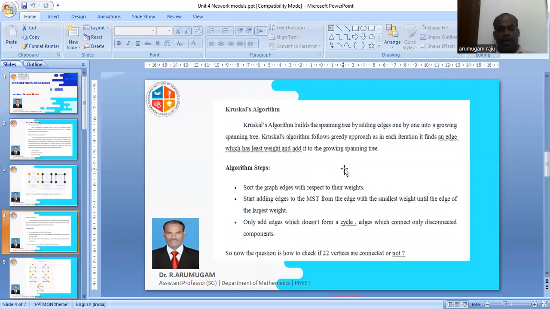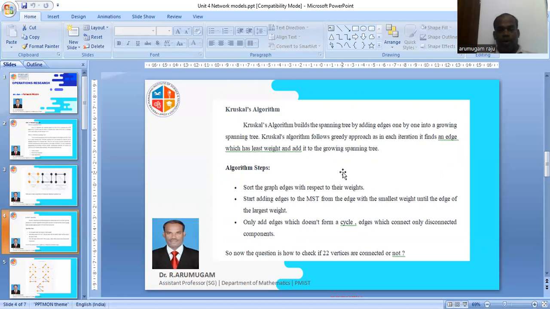So the next concept is Kruskal's algorithm. Kruskal's algorithm builds the spanning tree by adding edges one by one into a growing spanning tree. Kruskal's algorithm follows a greedy approach: in each iteration, it finds the edge which has the least weight and adds it to the growing spanning tree.